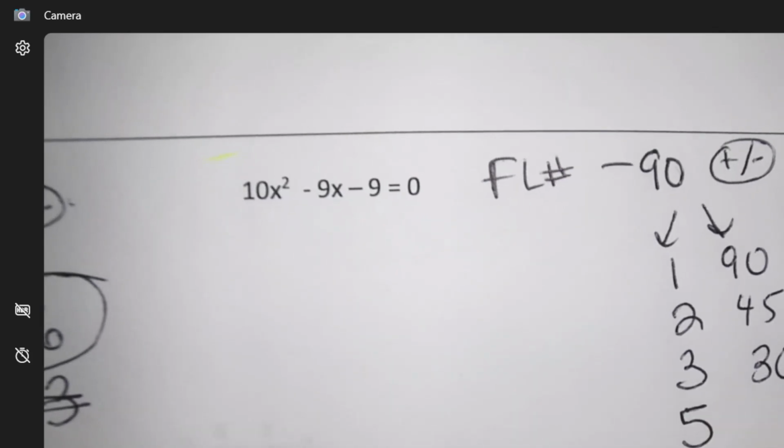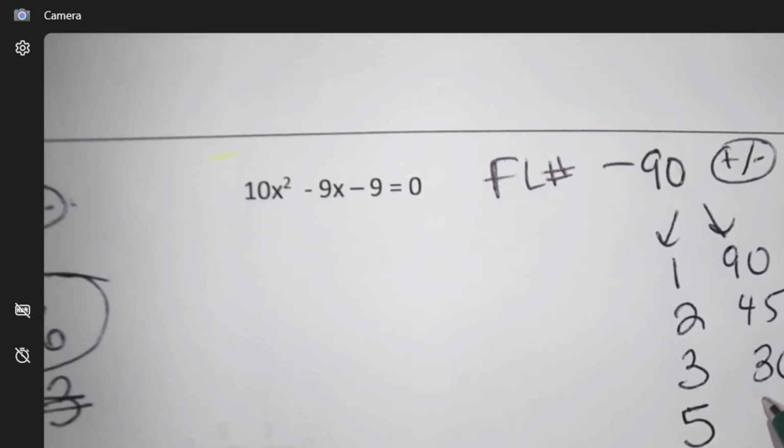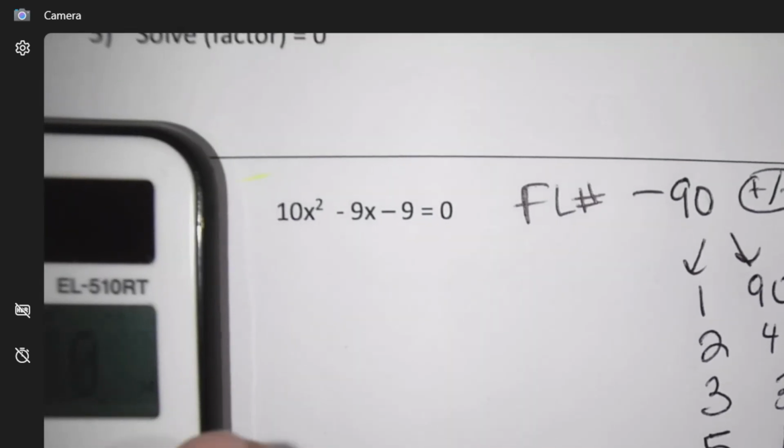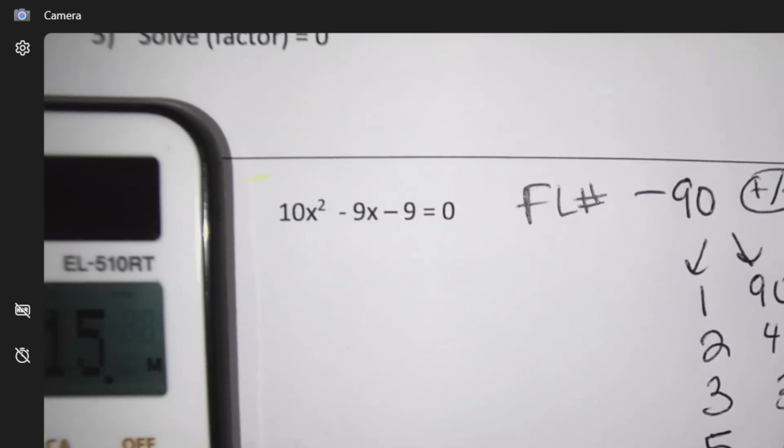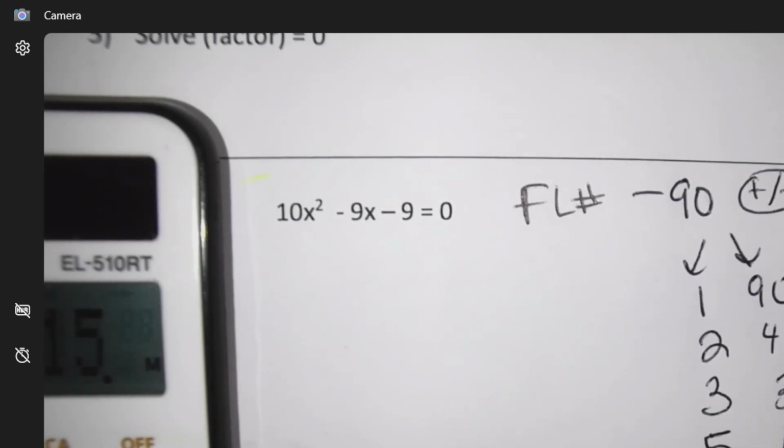Yes, because it ends in 0. I want to guess 18, if anybody did it. 6? I don't think so. Oh, it is. 6 times 15. 7, no, 8, no, 9 times 10.